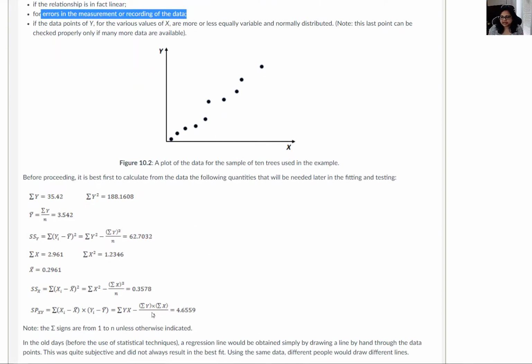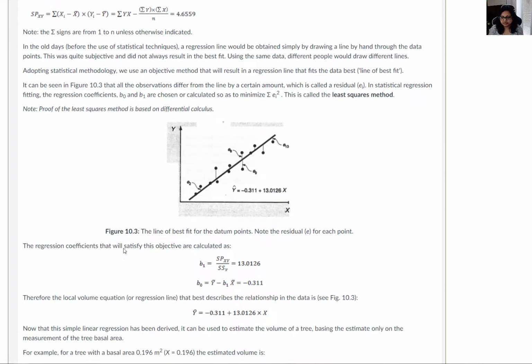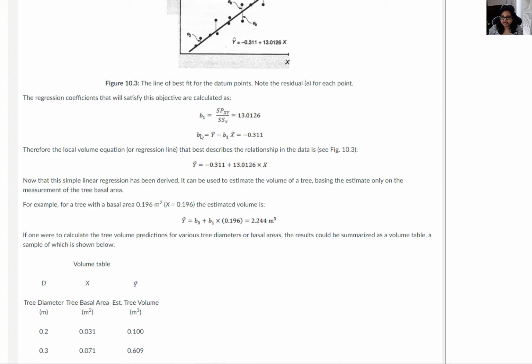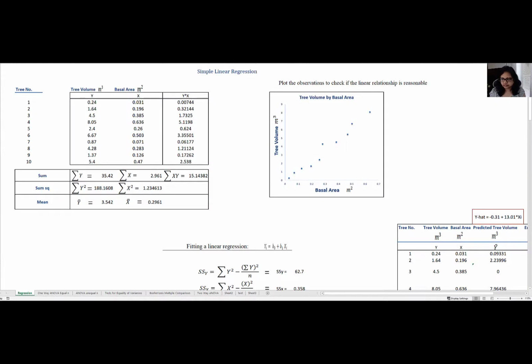So these are the calculations we have to perform so that we can basically get the slope and intercept. That's what I would like to show you in an Excel file, using an example with all the steps.